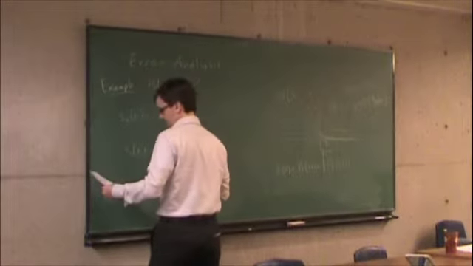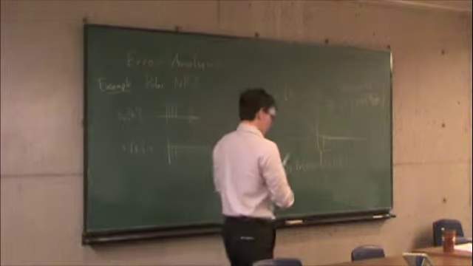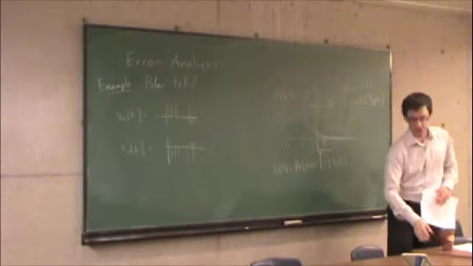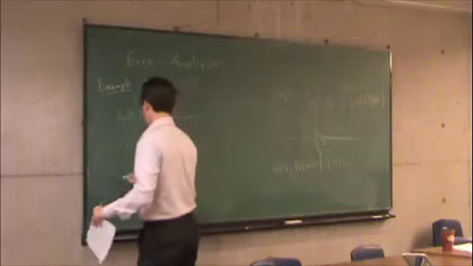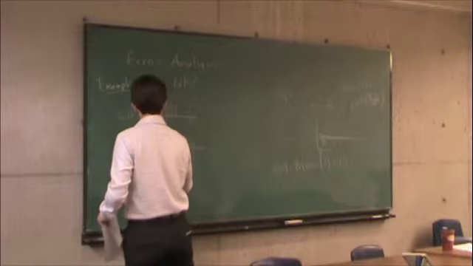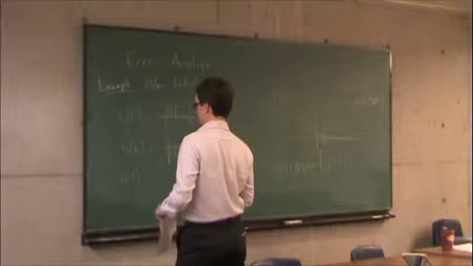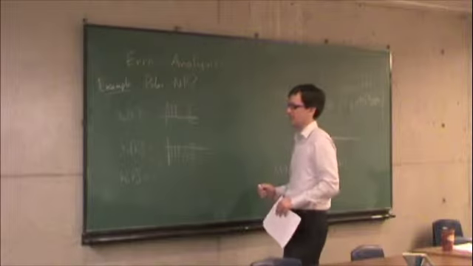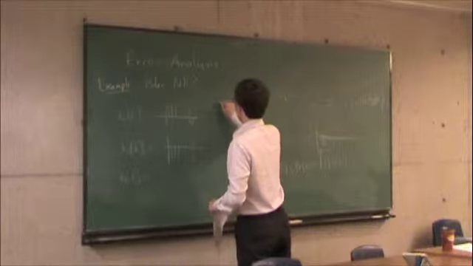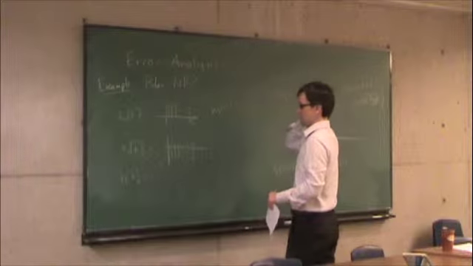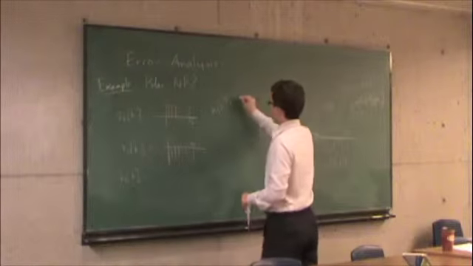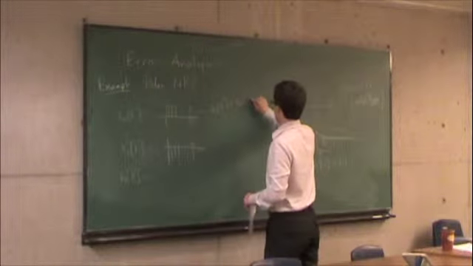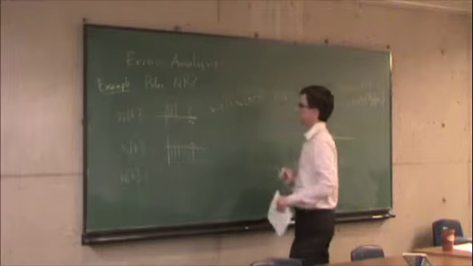And let's pick H of K. Generally, we will show in a few classes that the optimal form of the filter is H of K equal to S0 of NB minus K. So let's pick that.